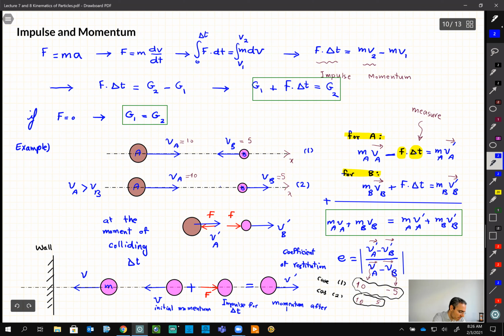Momentum after bouncing, right? So if I want to write down the relation, can you guys try to write it down? What can be the relation for this?